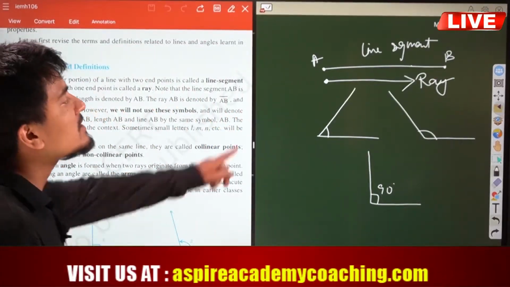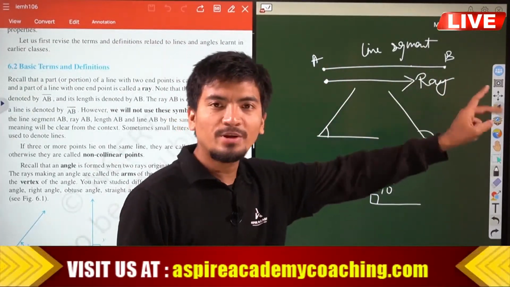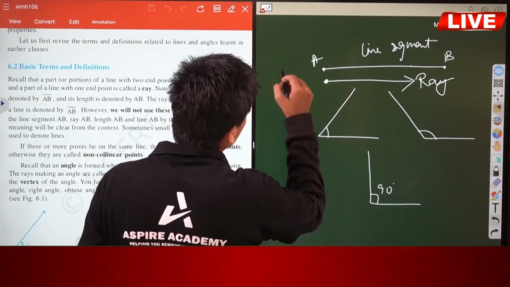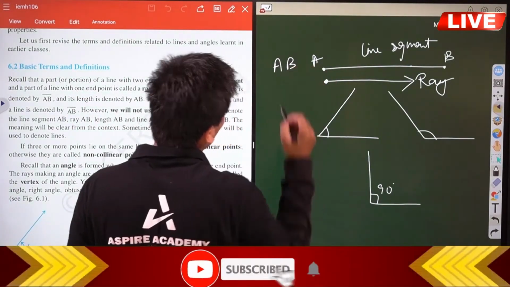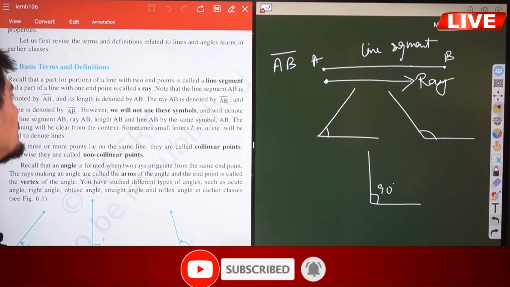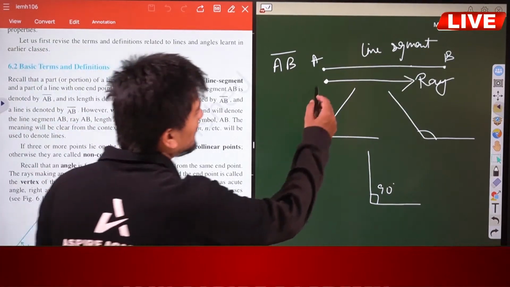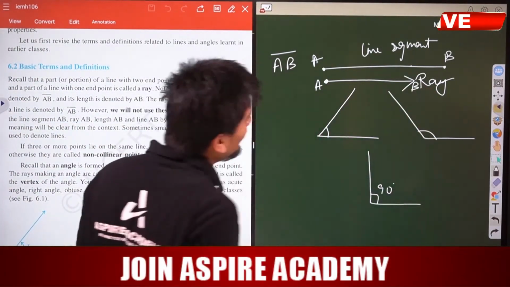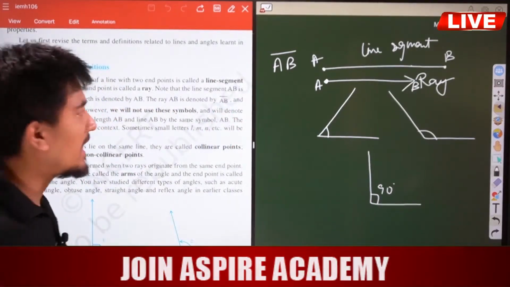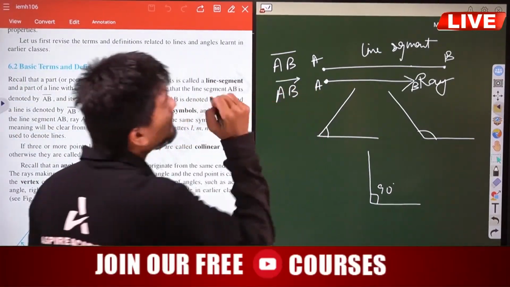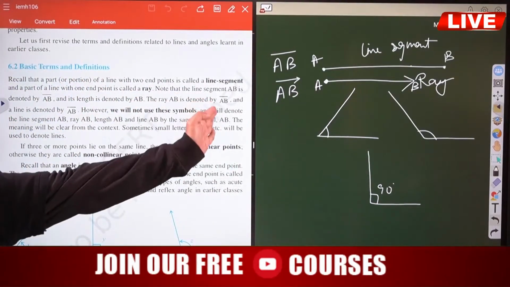And this line segment AB, which has two end points, can be denoted as AB with a bar on top. And the ray, if I point it as AB, I can write it like this, as a ray.